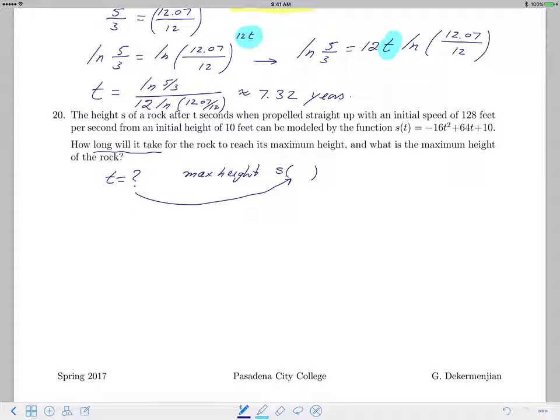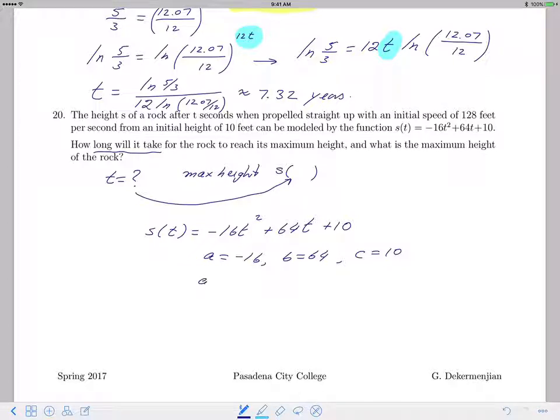Okay? Now let's think about quadratic functions. Quadratic functions have a quadratic term, a linear term, and a constant term. And we identify these coefficients as a, b, and c.